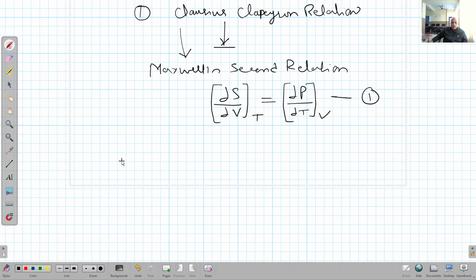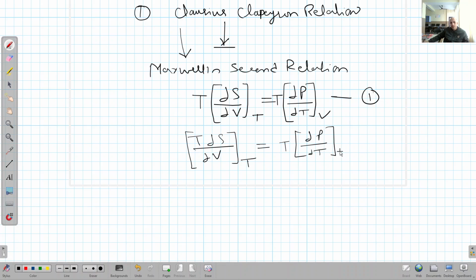Now, if I multiply this equation 1 by temperature T on both the sides, it will become like this. Now I can take this T inside the bracket, so it will become T curly S upon curly V at constant T, that is equal to T into curly P upon curly T at constant V, right?